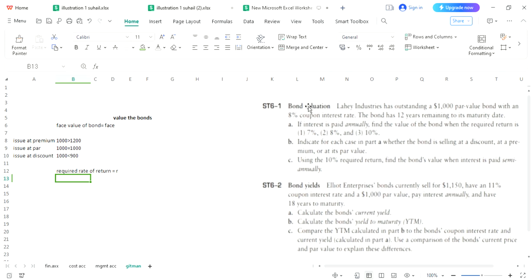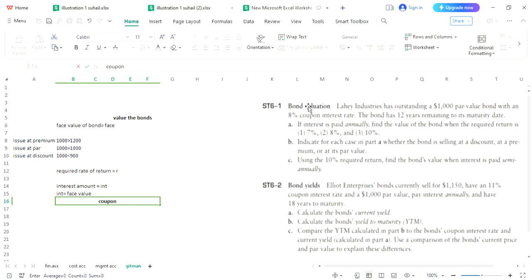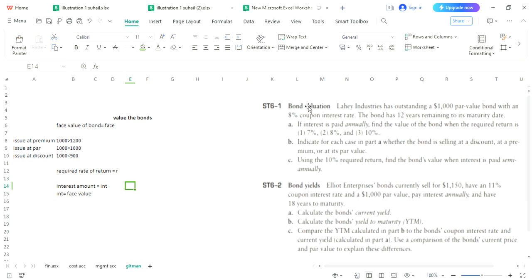So what we have discussed, face value and required rate of return. Then we will come to know amount of interest. Interest amount, we will denote it with int in the question. And how would you calculate this amount of interest? For that, you will see the face value of the bond, and next you will understand the coupon interest rate.